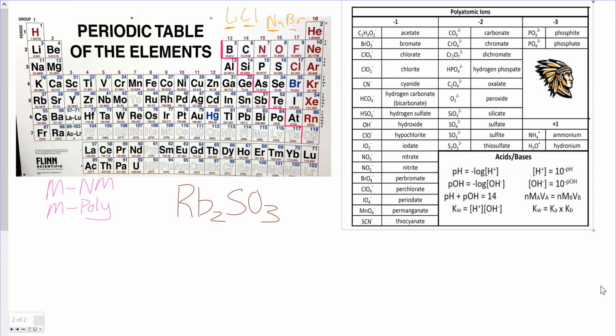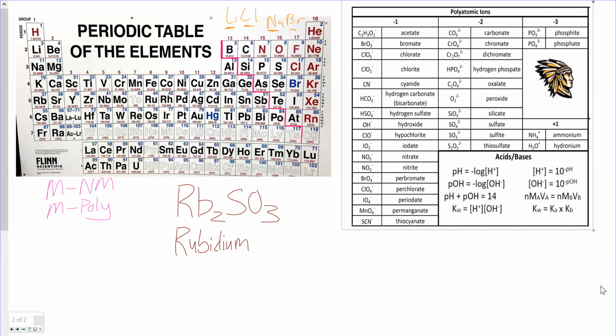All right, Chloe, give me my first element. Thank you. Chloe says rubidium. And then Teresa, can you find the polyatomic that goes with this? That's left over.